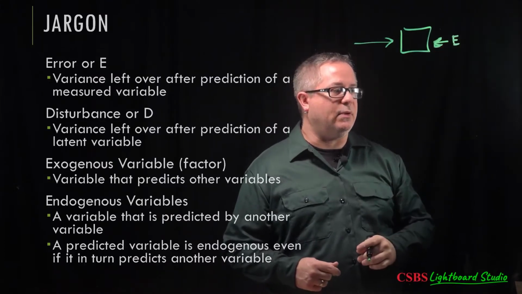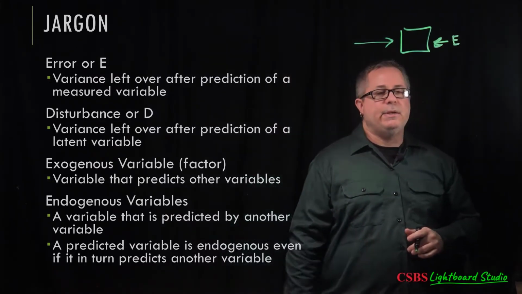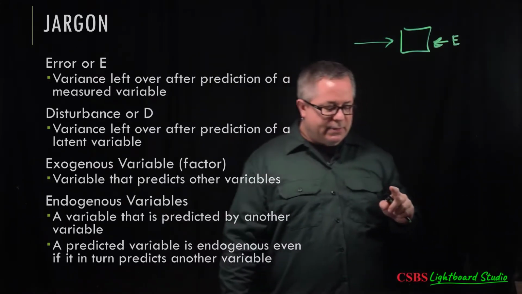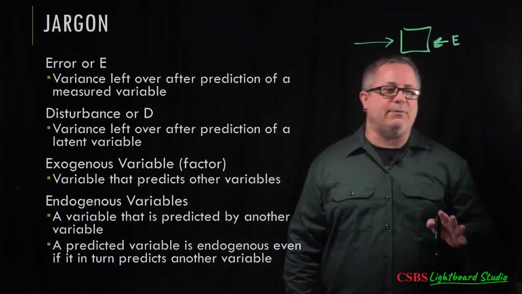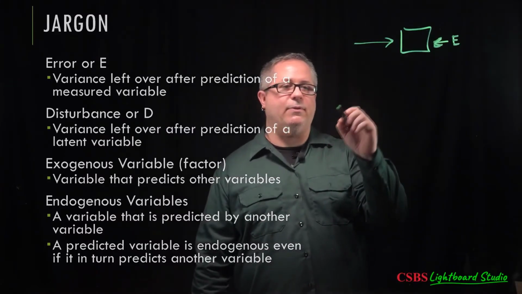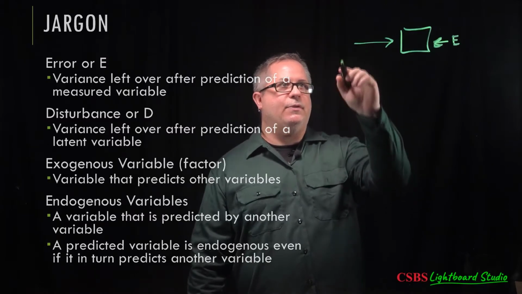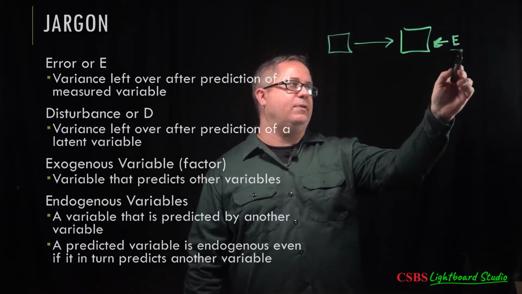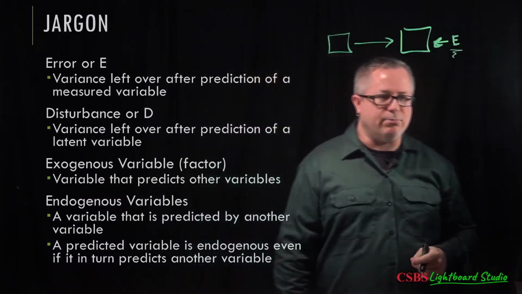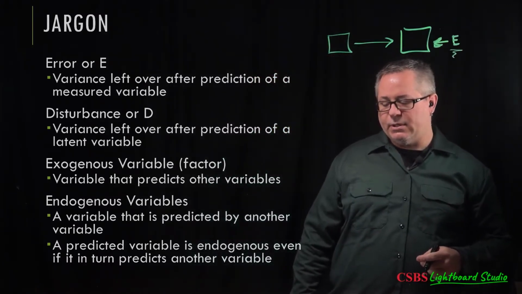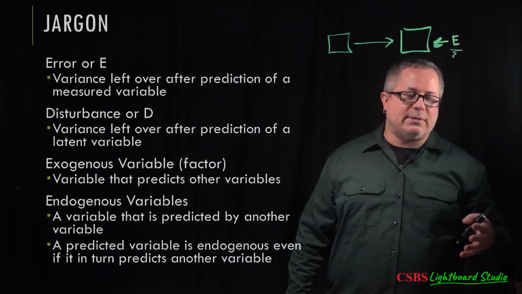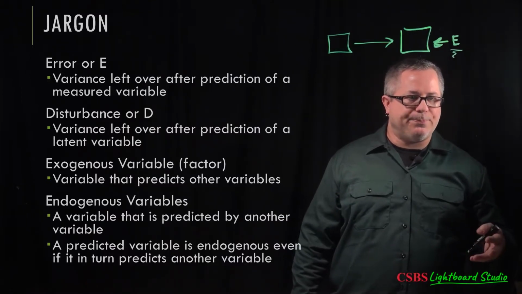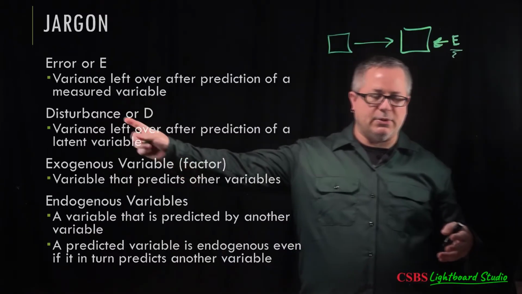That's the arrow left over. What makes it a little bit confusing is if this is coming from another measured variable, then this is just a typical error. It's an error in prediction, so it's our error variance, just like it is in a regression. So this is completely true.